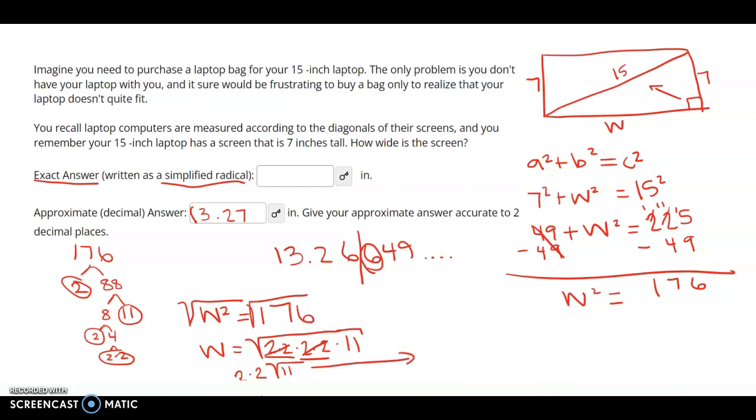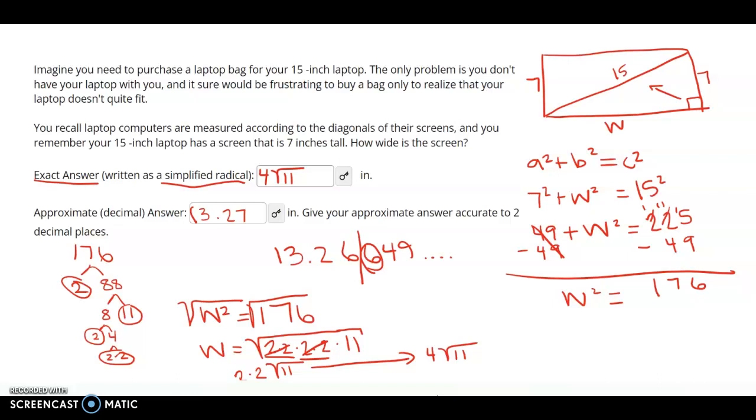So let's simplify that. 2 times 2 is 4, and then square root of 11. Now, what's nice is if you want to check yourself, you can also do 4 times square root of 11, and make sure it does come out to that 13.27, which it does. So that tells us we've got the correct answers there.